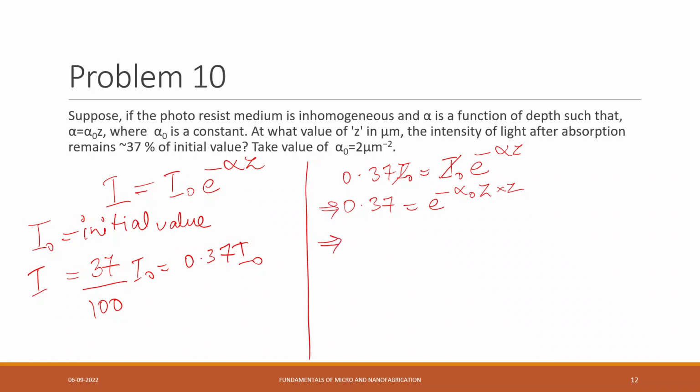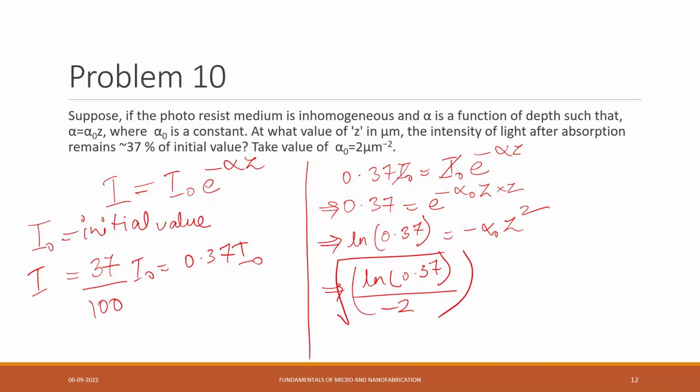We can take ln on both sides, then the square comes down: ln 0.37 equals alpha naught z squared. Essentially the alpha naught value is given, alpha naught is 2, and taking the root of this we will get z.